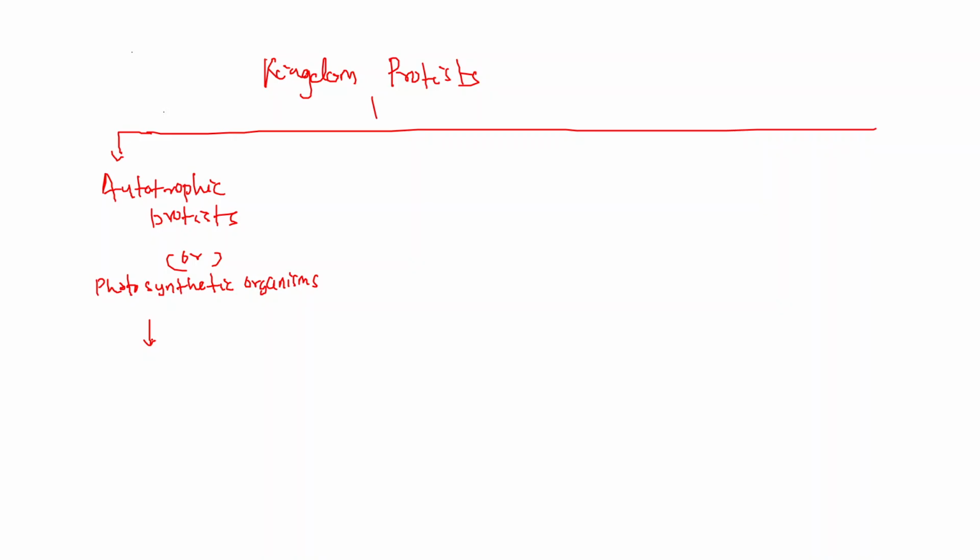After that, they produce their own food in the presence of sunlight. But there are some protists which also have the power to produce their own food. So they are known as autotrophic protists or photosynthetic protists.